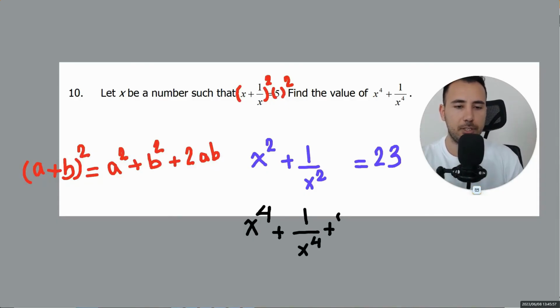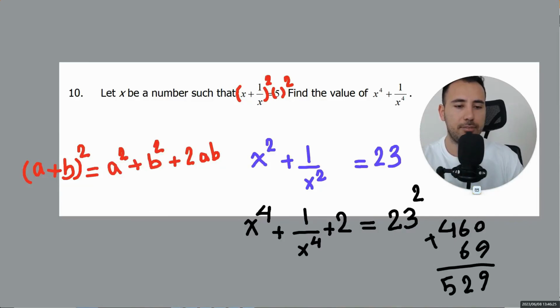It will just be plus 2 equals 23 to the 2nd power. 23 squared will be 460 plus 69, which would be 529. So this side will be 529.